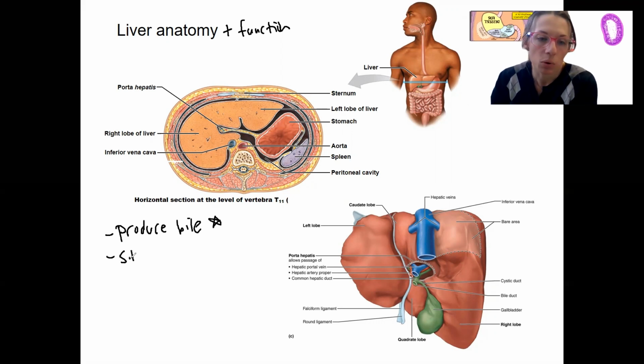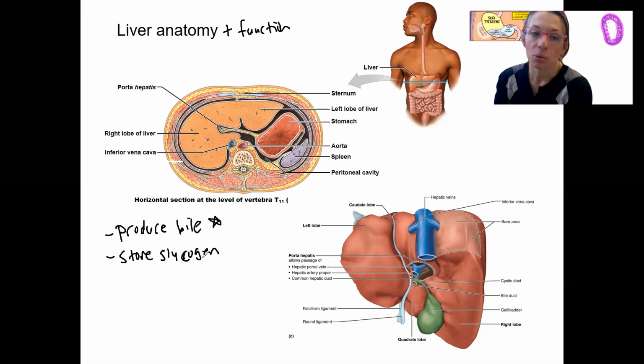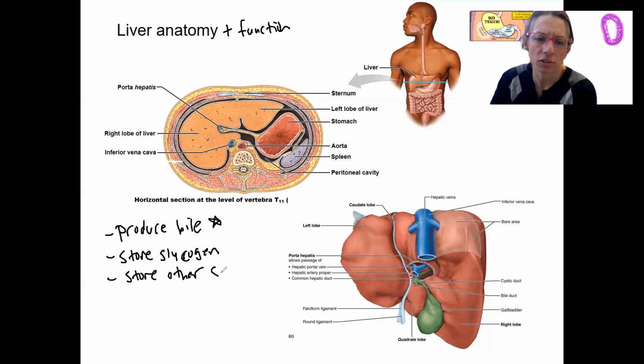It's also going to store glycogen. So glycogen is a polysaccharide of glucose that's going to be broken down when needed with stimulation from the pancreas endocrine cells, right? Glucagon will break down glycogen. It's also going to store other nutrients and other good stuff.